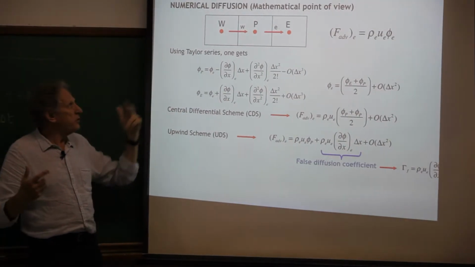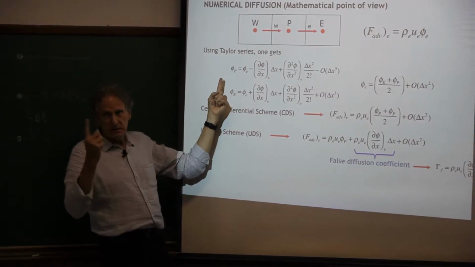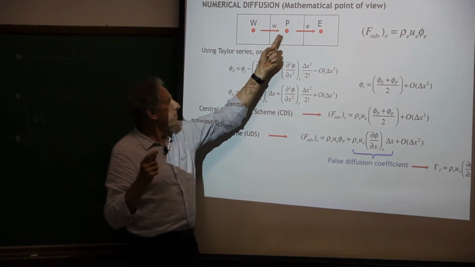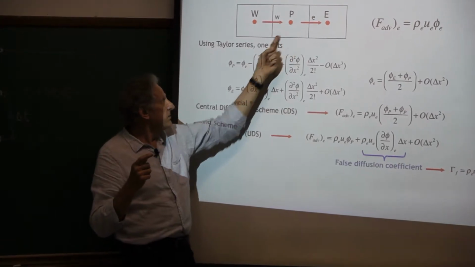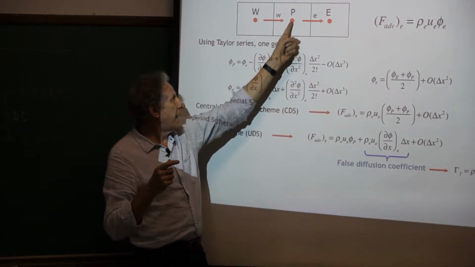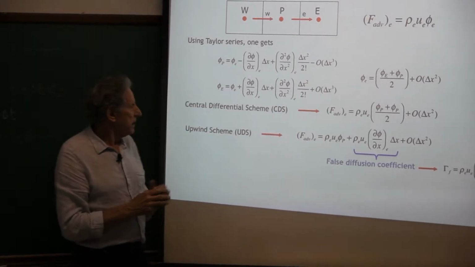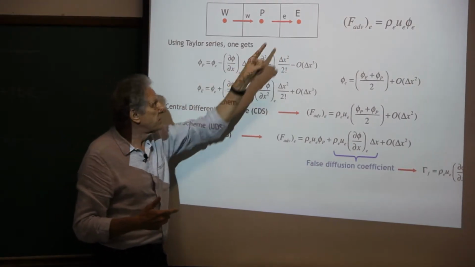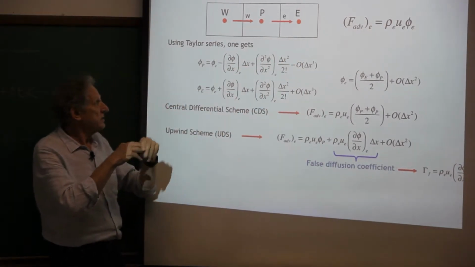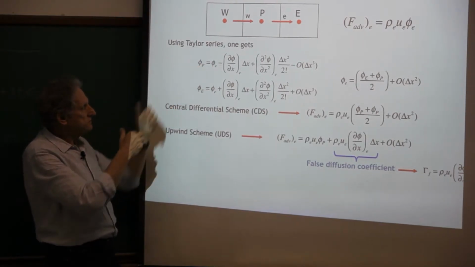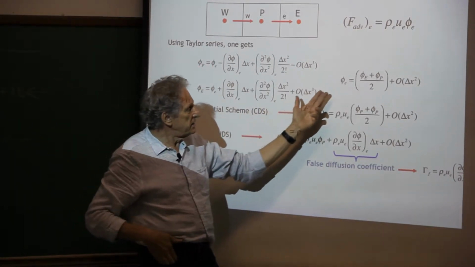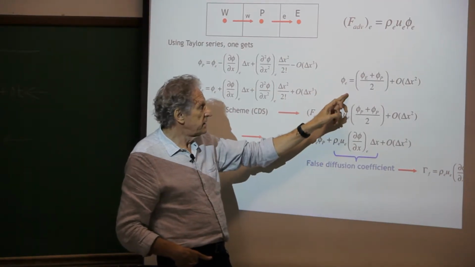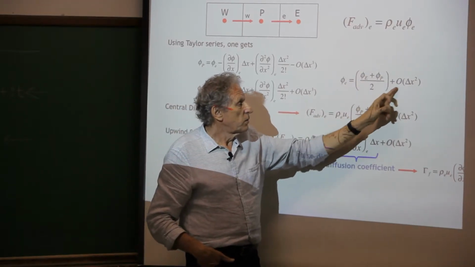Say you have a grid like that, and you expand using a Taylor series, phi in P is phi in E minus, and now you expand phi in E is phi in E plus, I'm going in the direction of X. Now if I work with these two, I will find that the value of phi at the integration point we have called E here will be central differencing of second order.